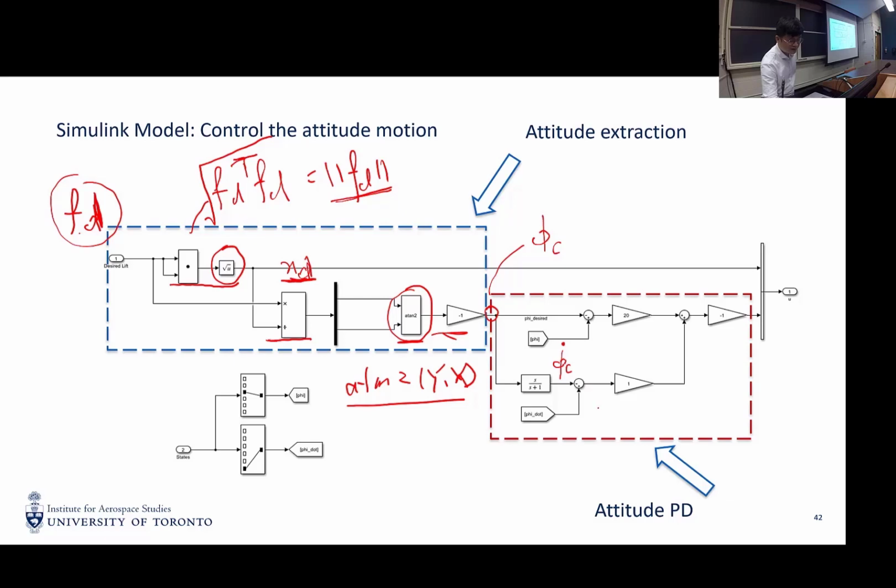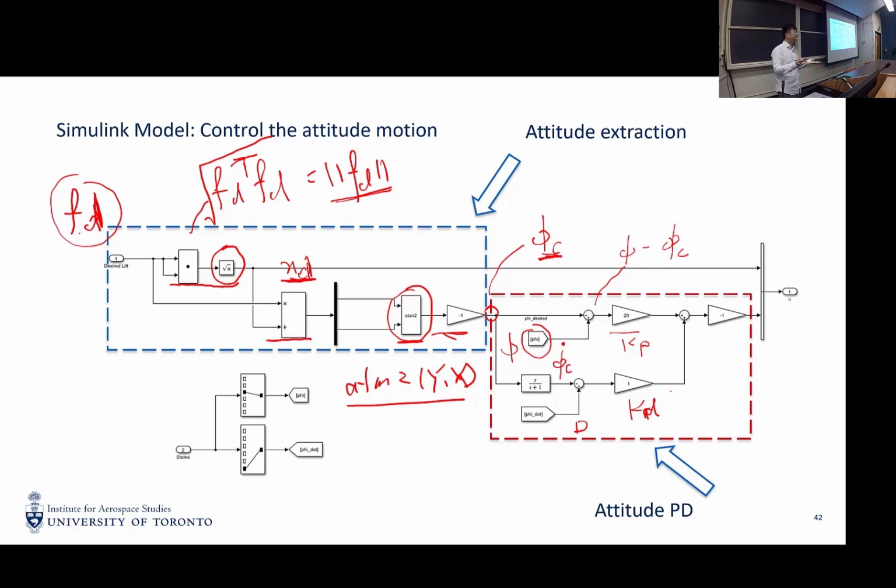So it serves as a D command. So it's a derivative feedback. On top of that, we subtract the commanded phi from the actual phi. So here is phi minus phi c. And this gain is a Kp gain, and this gain is a Kd gain. So in the attitude channel, we use the so-called PD controller.